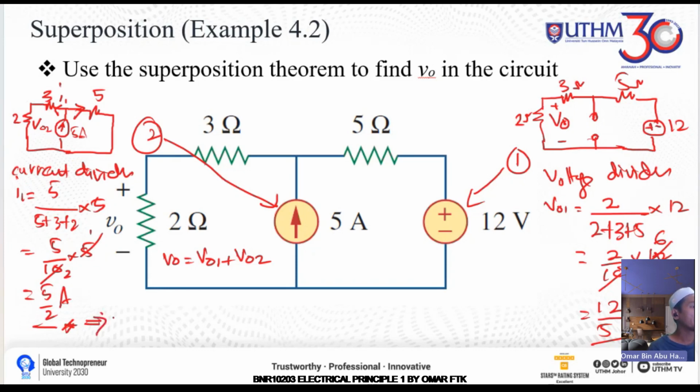From this value you can get VO2 equals I1 times the 2 ohm resistor. So this will be 5 over 2 times 2. Cut, you get 5 volt. Then you can sum it. VO will be 12 over 5 plus 5.